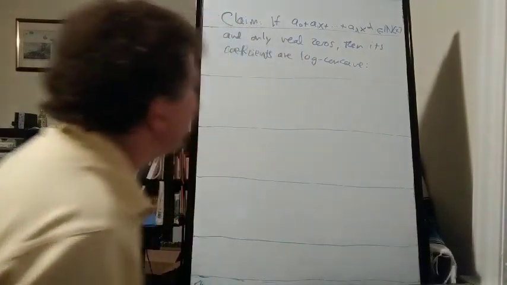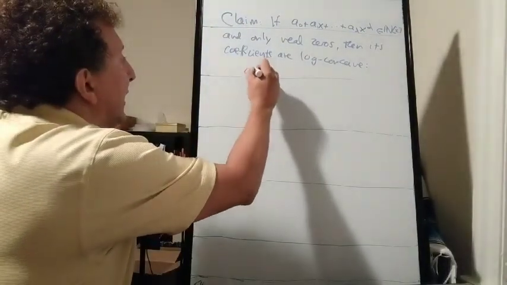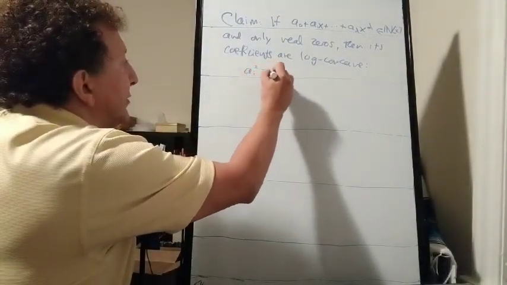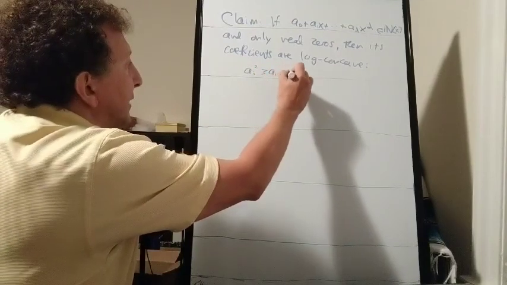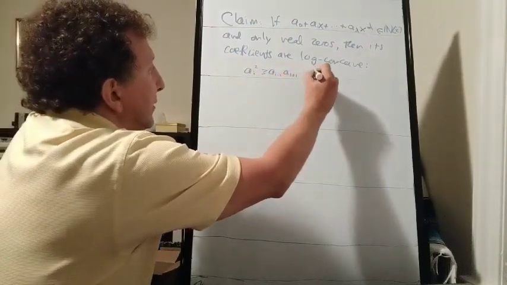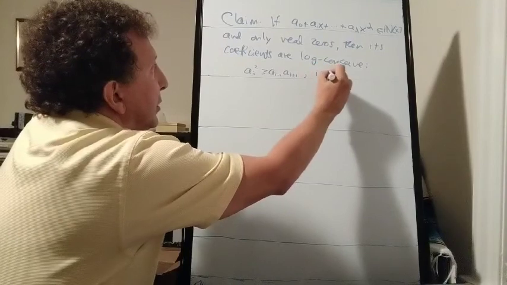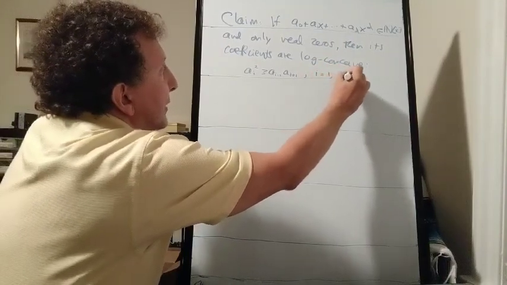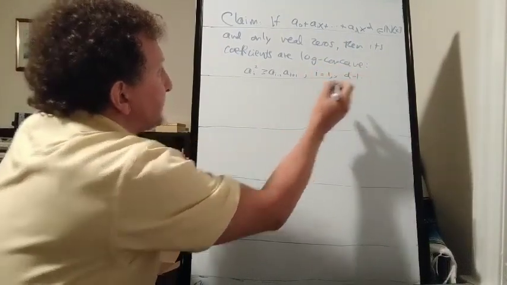And by that I mean that ai squared is greater than or equal to ai minus 1 times ai plus 1 for i equals 1 to d minus 1.